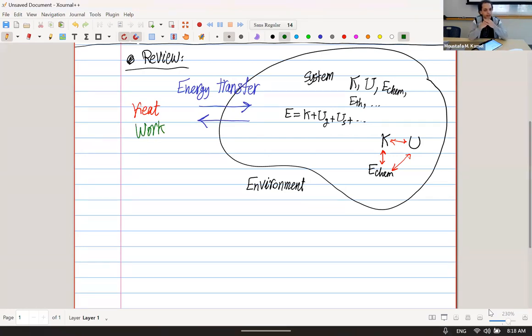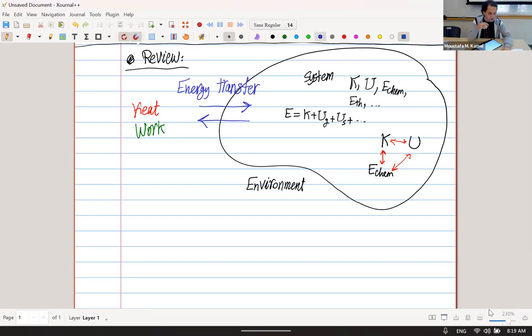Heat is a non-mechanical process by which energy is transferred from an object with high temperature to another object with low temperature. And work is a mechanical process by which energy is transferred. By mechanical, we mean just mechanical forces, pushes and pulls.